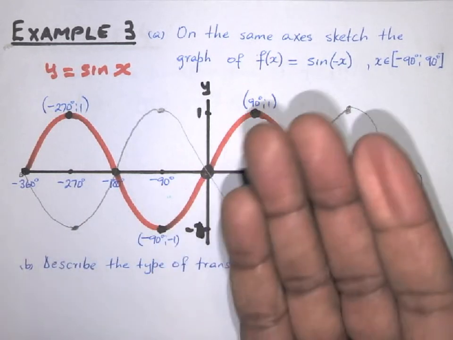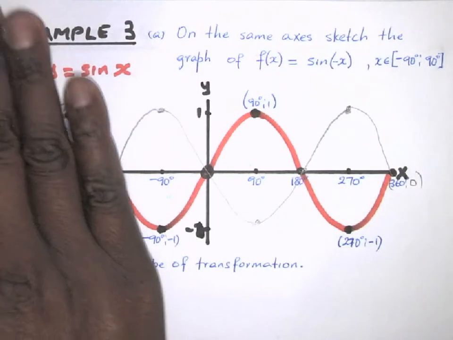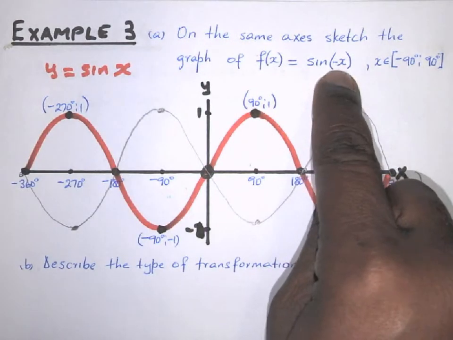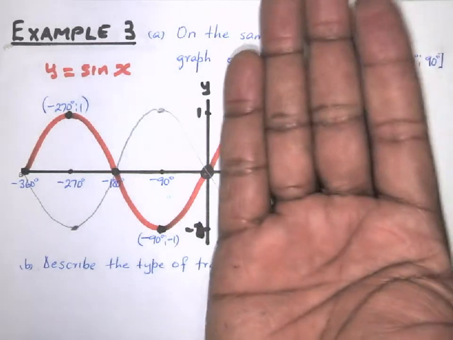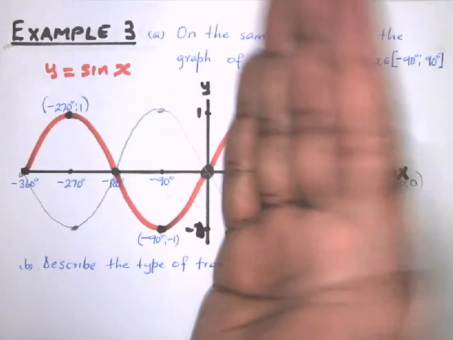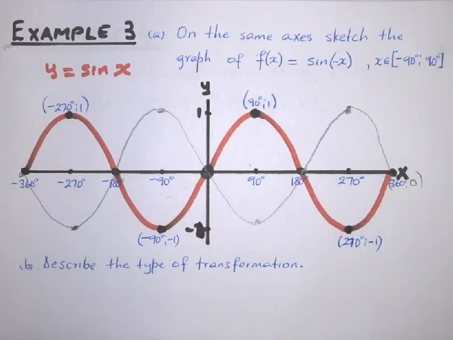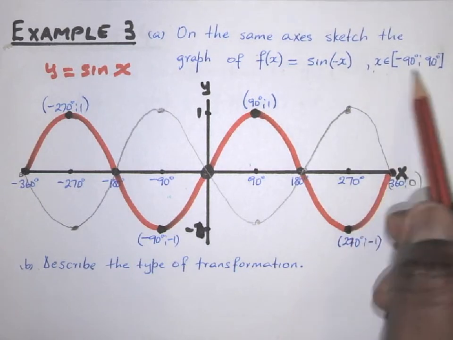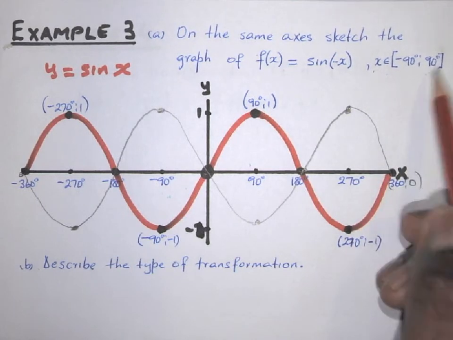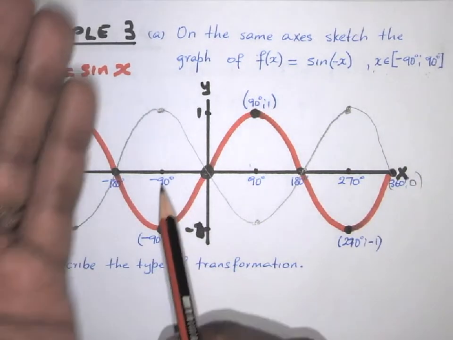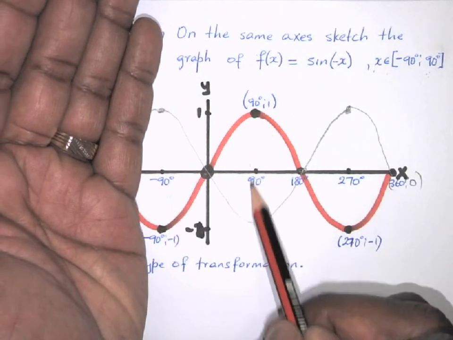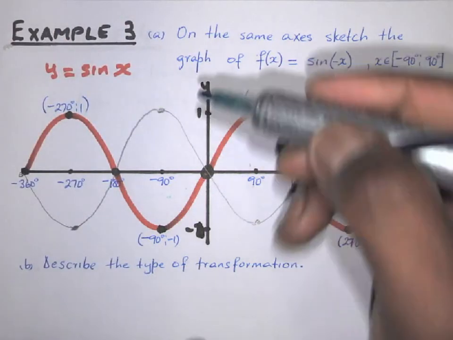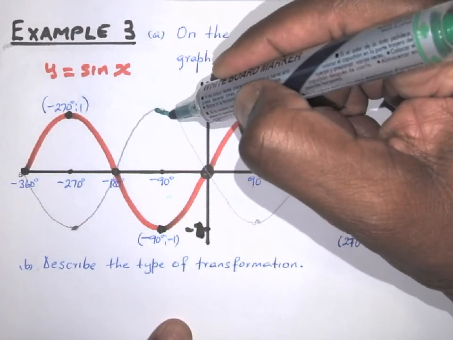So what we've done here, we just reflected the graph about the y-axis. However, there's something that they said here. They said x must start from negative 90 to 90 degrees, meaning that the only part that they are interested in is this part here.